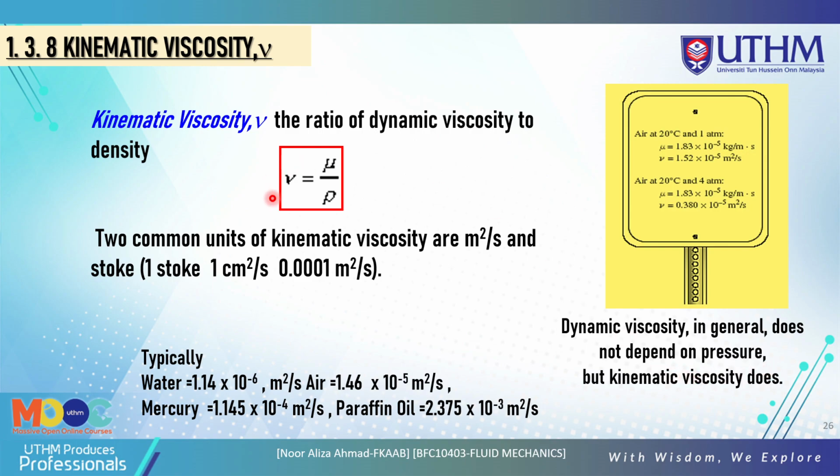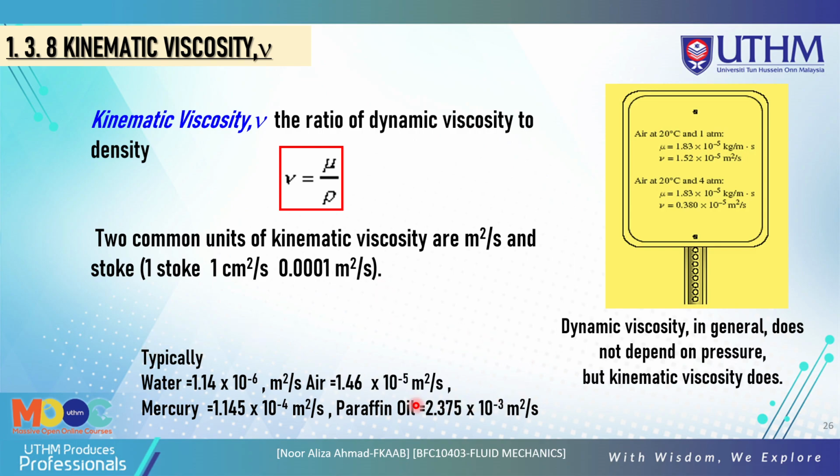Now we look at kinematic viscosity. Kinematic viscosity is the ratio of dynamic viscosity to density. This is the equation of kinematic viscosity. Two common units of kinematic viscosity are meter squared per second, and one stokes is equal to 1 centimeter squared per second, or 0.0001 meter squared per second.